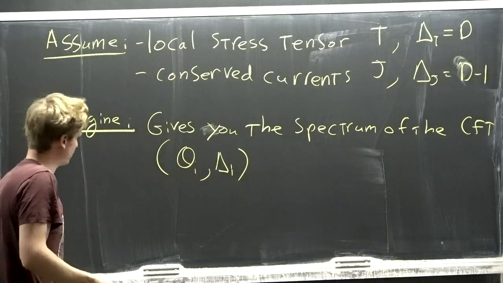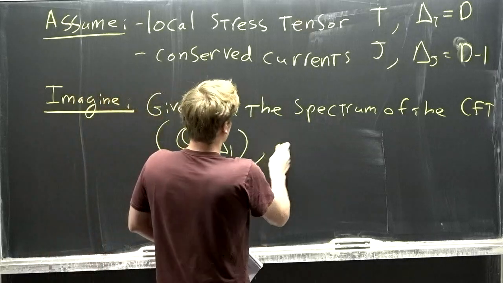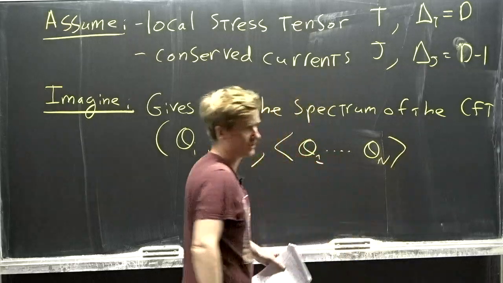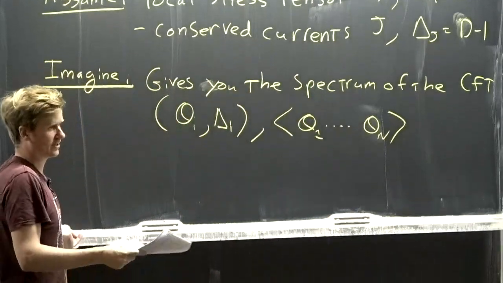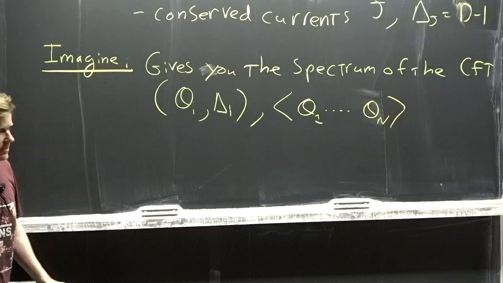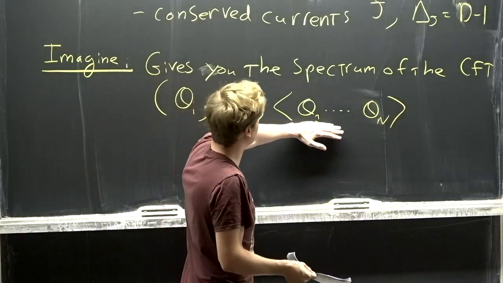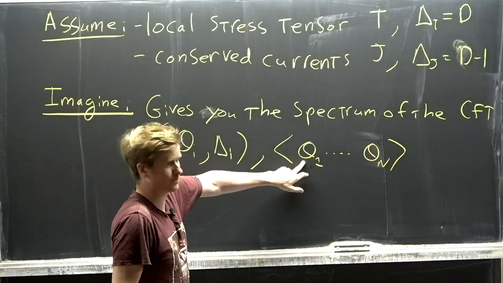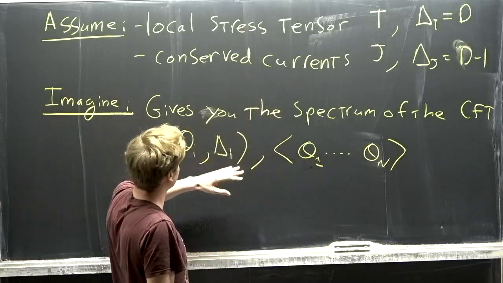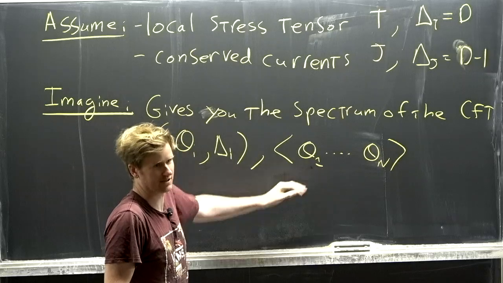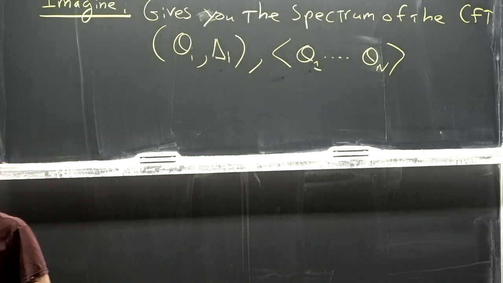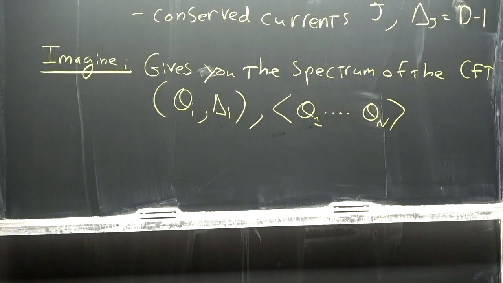We'll understand how to break them apart into pieces, but we can also imagine that they give you the correlation functions of these operators. That is what would be phrased as solving the field theory. Now we want to use these basic properties to investigate what we can get for collider physics from having some spectrum with different dimensions and these correlation functions. We'll build up more detail about conformal field theories as we go, but for now it's really just a test bed where someone provides you these, and we want to use them for collider physics.